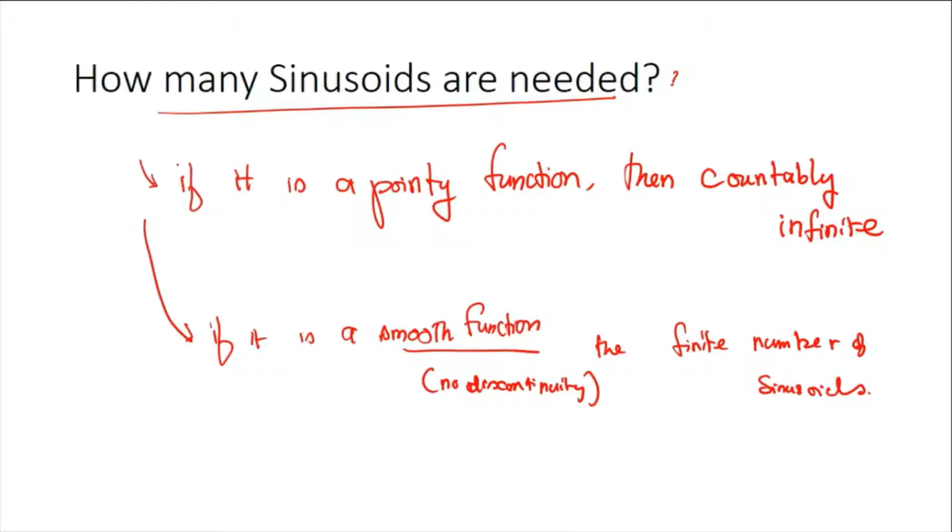Compared to that, there is just countably infinite sine waves. So you can actually count the sine waves, like, okay, sine 1 hertz is there, 2 hertz is there, which results in you can do partial sum. If it is countably infinite, then partial sum is allowed, and then it's easier to make an approximation with a reasonable number of sine waves. It will be reasonably close.